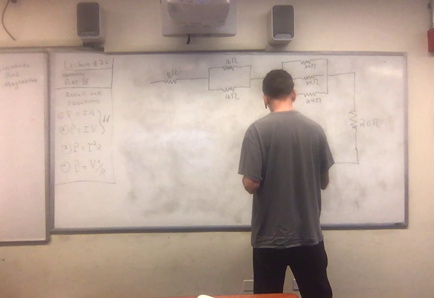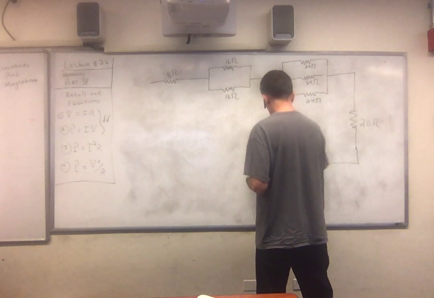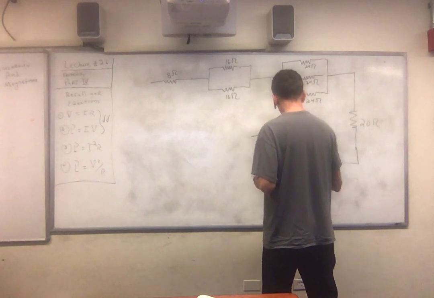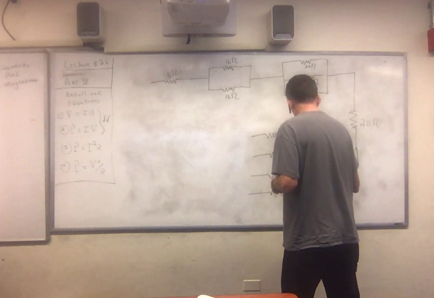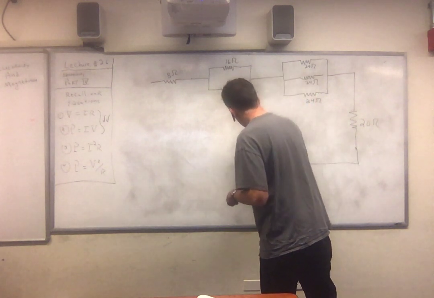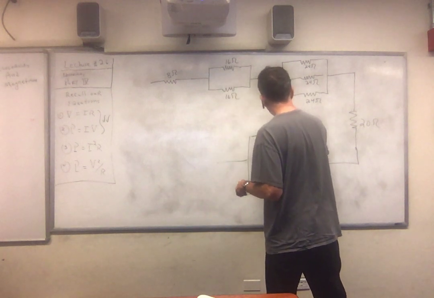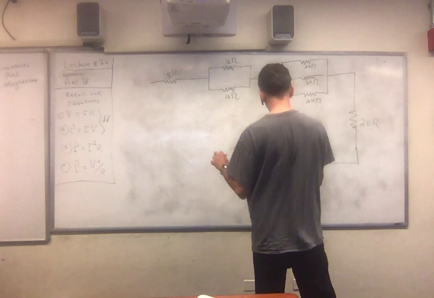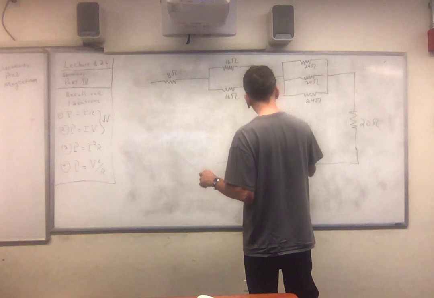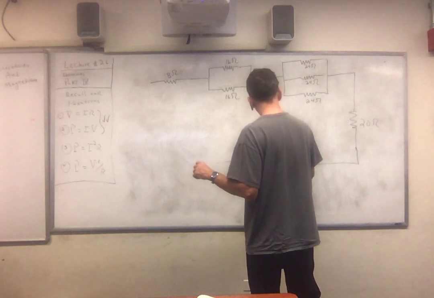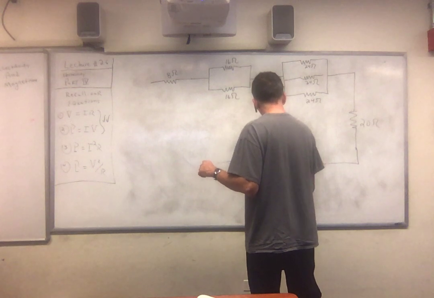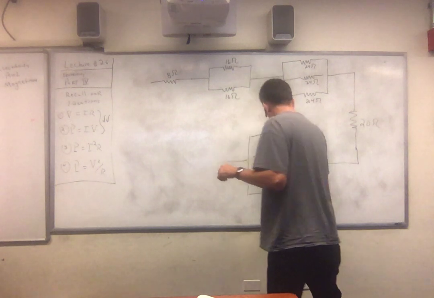One, two, three, four. Okay, there's four resistors, and I'll make this 40. I'll make this 60 ohms. 80 ohms. Let's do 80 ohms. 80 ohms and 80 ohms.